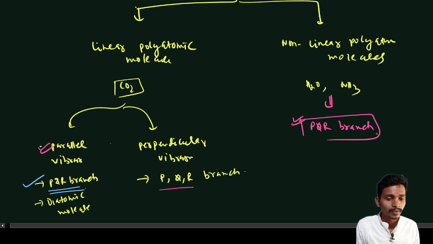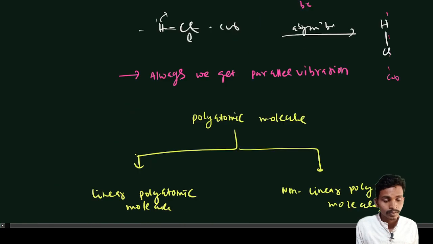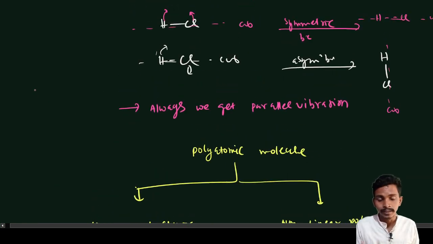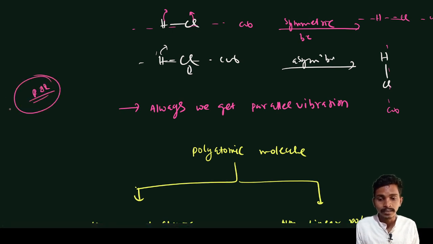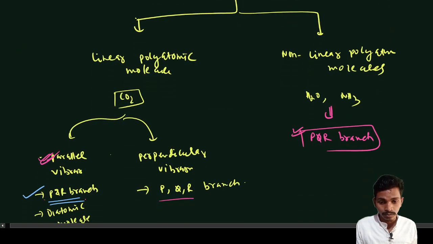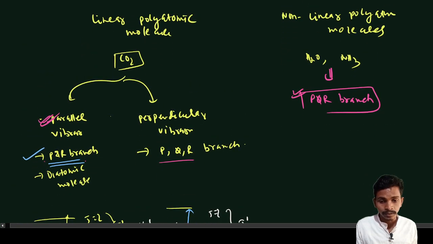And for linear polyatomic molecules, if they have parallel vibrations, we get PR branches, and PQR branches for perpendicular vibrations. So if any question says it has only P and R branches present, then that is always a linear diatomic molecule.